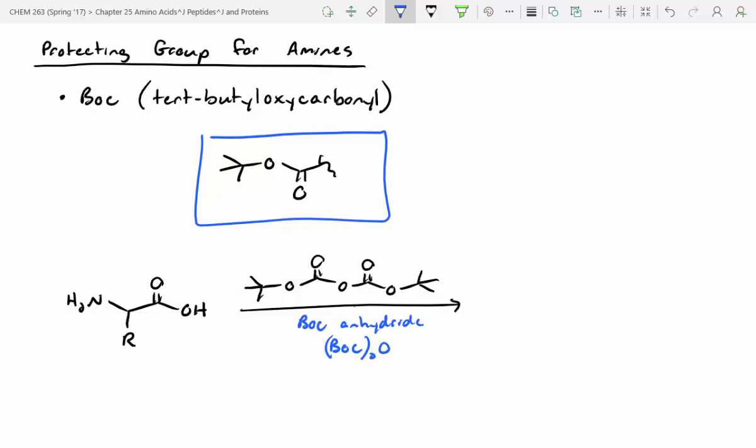So it can be written a few different ways. There's other reagents that can also be used for installing BOC groups, but these are pretty common. And really all you're going to do is protect the amine. The carboxylic acid is going to remain untouched. I want you to know what the protecting group is and what the reagent is for installing the protecting group.